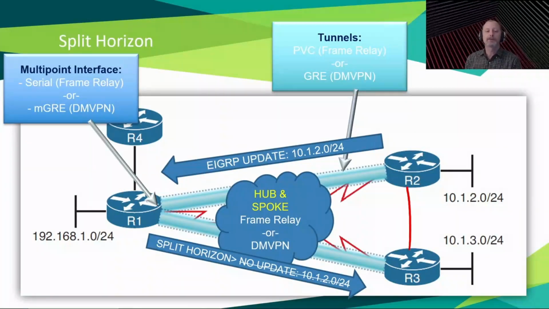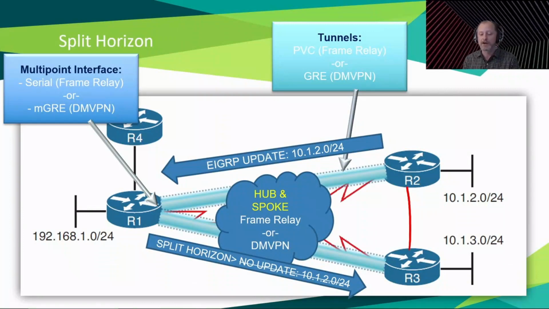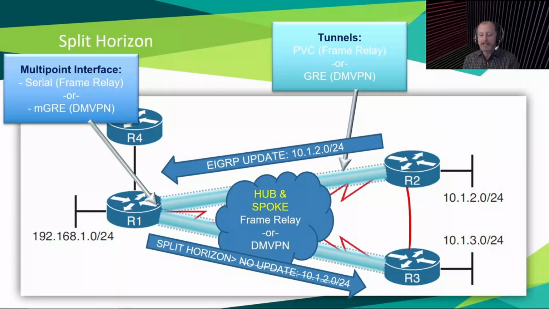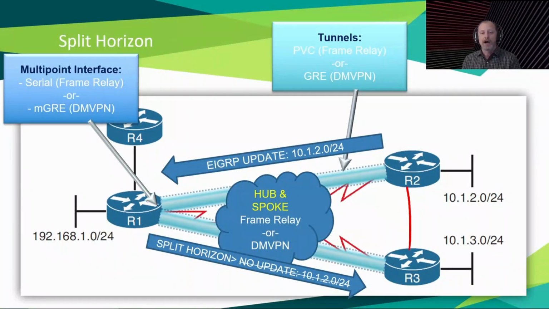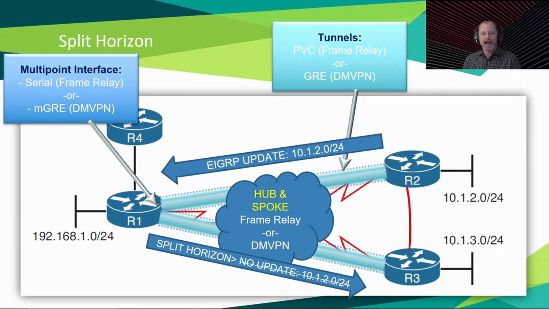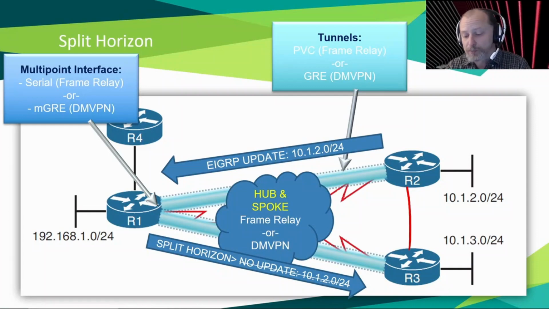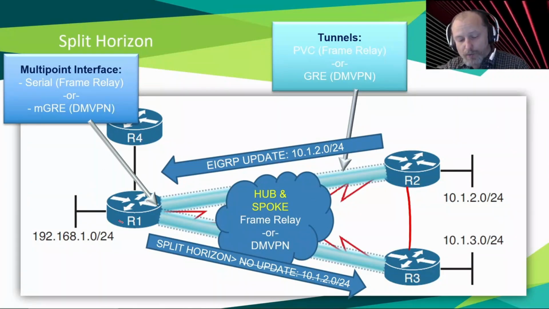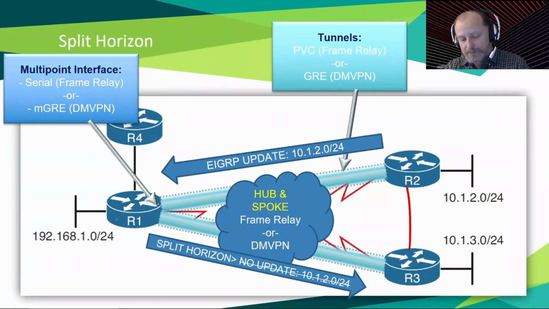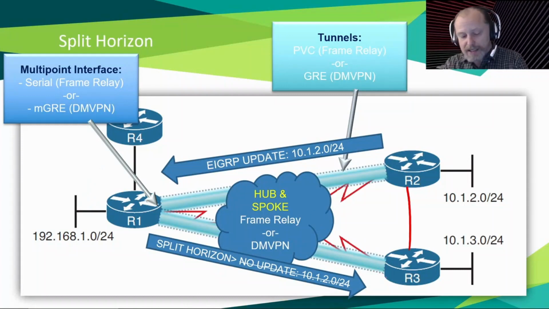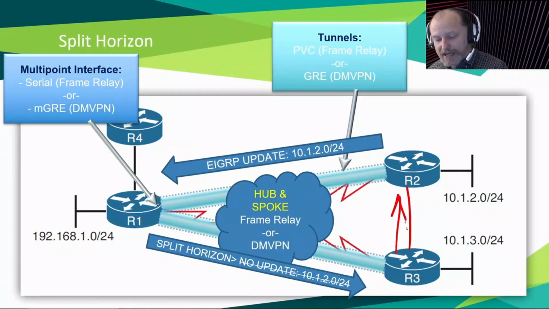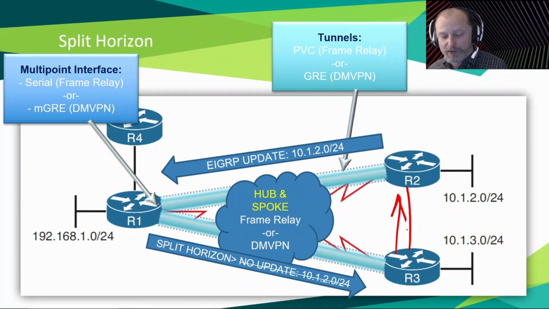The problem in this scenario comes when a link goes down, because then we can also black hole traffic, right? So R1 or R3 advertises that it can get to that network there.